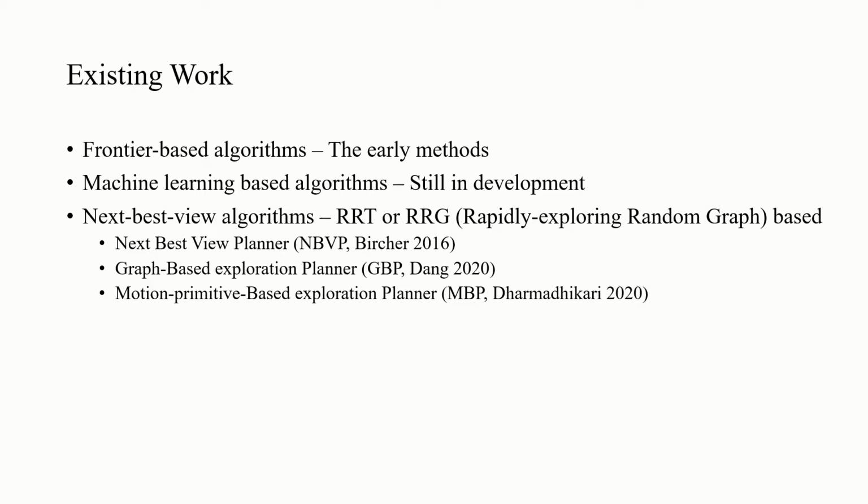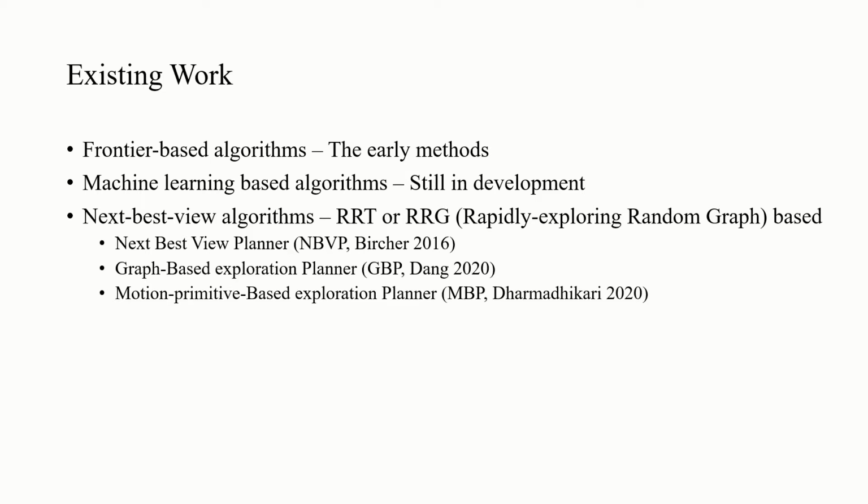There has been some work on this topic. Most of them can be divided into three types. The first type is the frontier-based algorithm, which is also the earliest method proposed to solve the autonomous exploration issue. The second type is algorithms based on learning, but they are still in development and not able to be applied in real life temporarily.